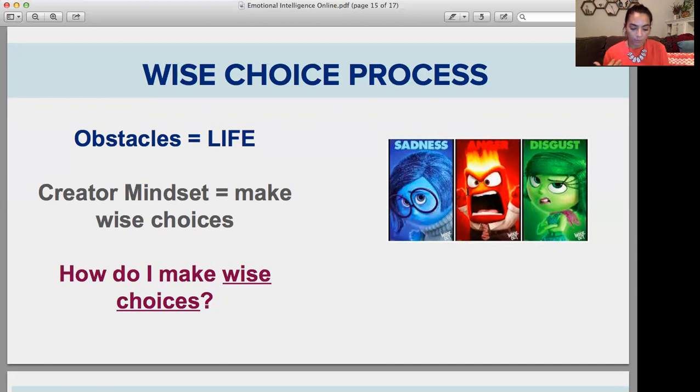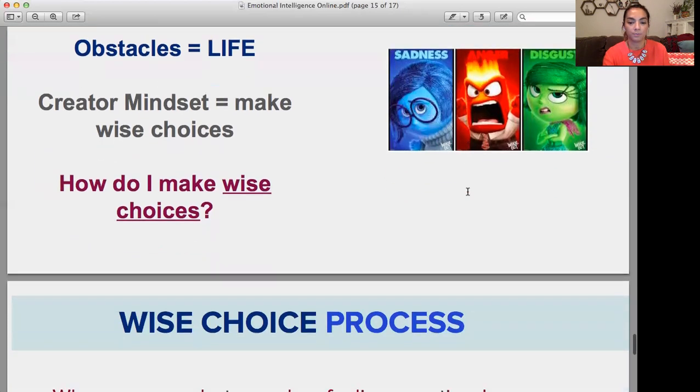Well, something we need to know about wise choices is that wise choices involve, again, taking responsibility. But we're taking responsibility for our feelings, our actions, and our reactions. And you can put in the same line as reactions our responses. Okay, we said that earlier.